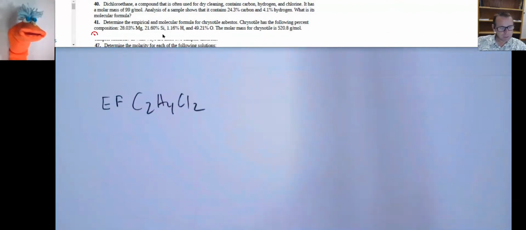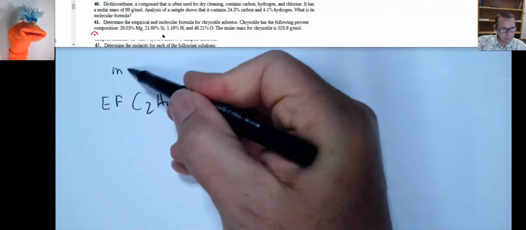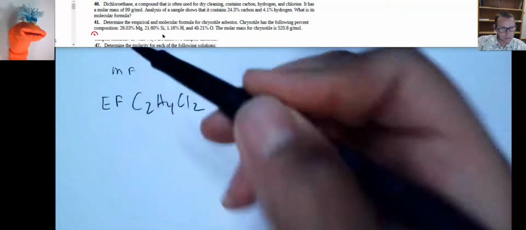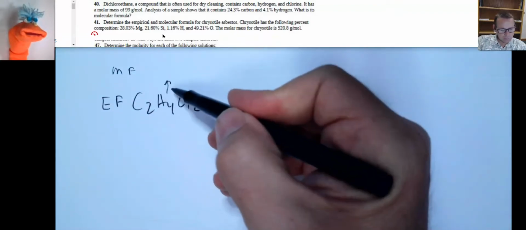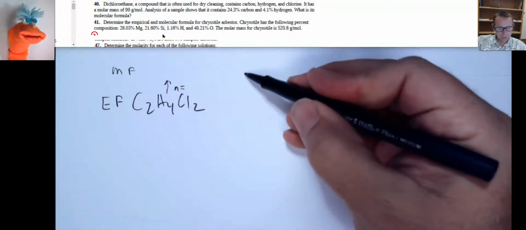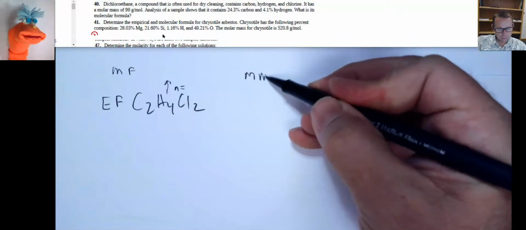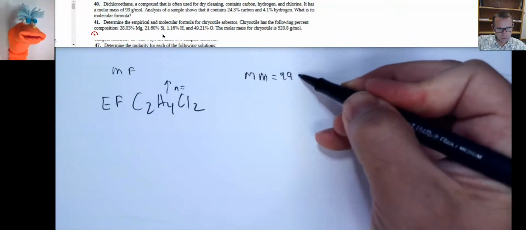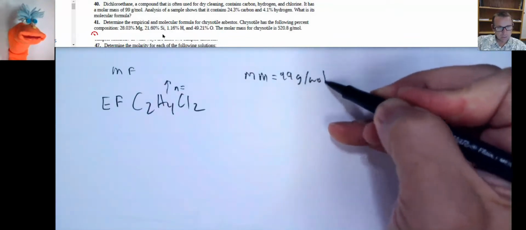All right, there's our empirical formula. And the empirical formula relates to the molecular formula through a multiplier. I don't know what the molecular formula is, and we don't know what the multiplier is. Let's see, what is the molar mass for the compound? It says it's 99. So the molar mass is 99 grams per mole.